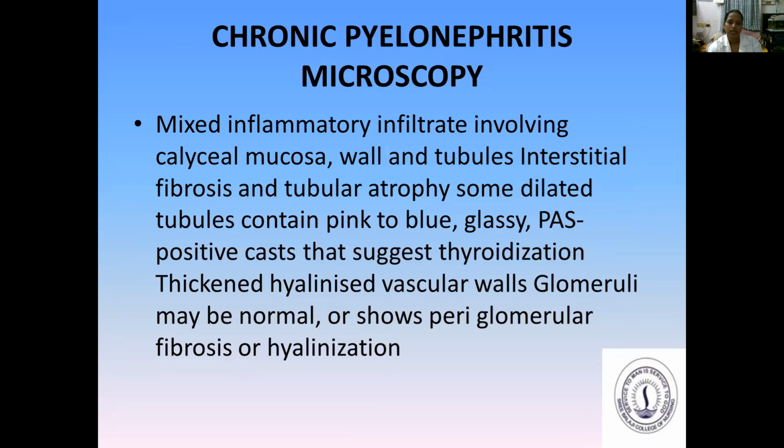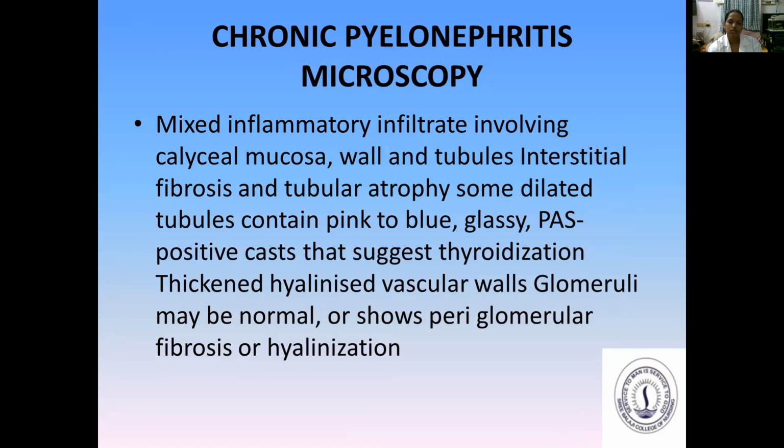So the chronic pyelonephritis microscopy shows a mixed inflammatory infiltrate involving the calyceal mucosa, wall, and tubules, and interstitial fibrosis and tubular atrophy.